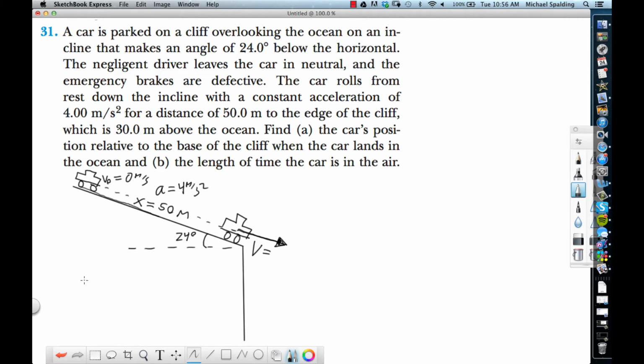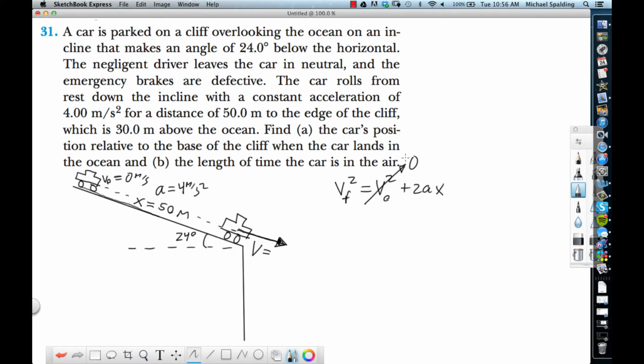Well, here's the info we're given. The starting velocity at the top of the hill is 0. The acceleration down the hill is 4 meters per second squared, and the displacement, or distance traveled, is 50 meters. So what kinematic equation fits this data? We're short on time, so I'm just going to tell you. Vf squared equals V initial squared plus 2ax.